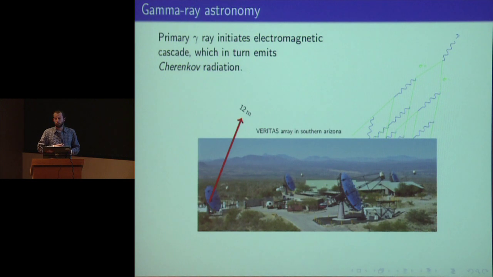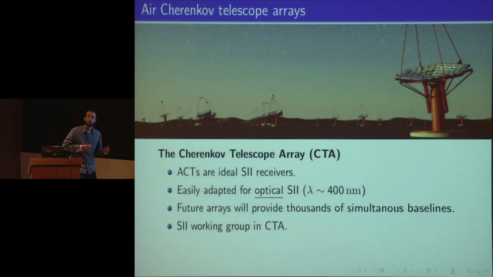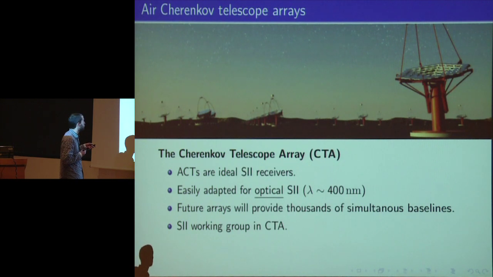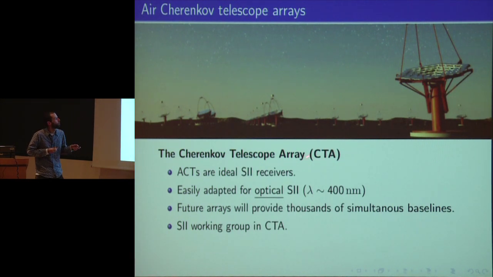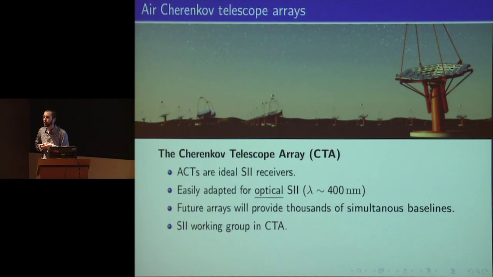Now, this field has been extremely successful, and therefore there are proposals to create a much larger Cherenkov telescope array. It's known as the Cherenkov Telescope Array. It will consist of nearly 100 telescopes separated by up to 1 kilometer.